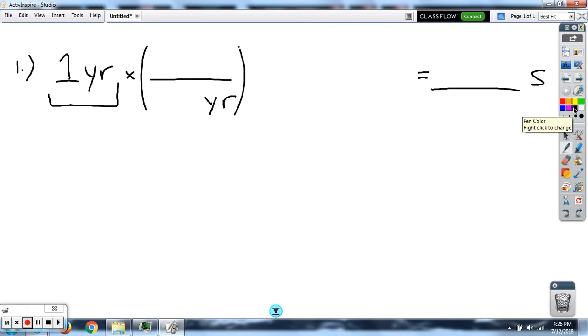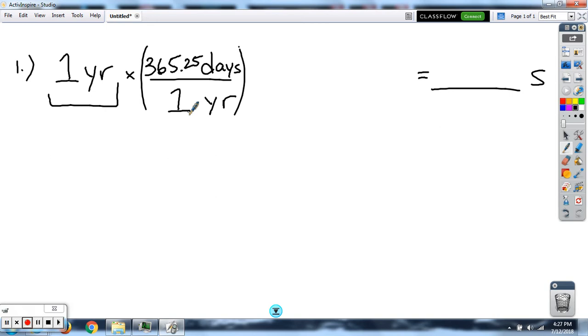So we all should know how many days are in a year. That might be my first step in converting. It's not what I want, but it gets me closer. I know how many days there are in a year. If you want to be exact, we can say that's 365 and a quarter. And that's how many days there are in 1 year.